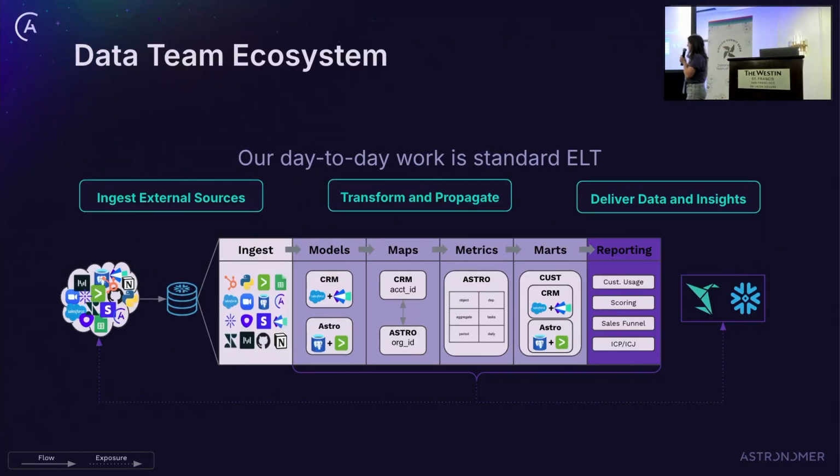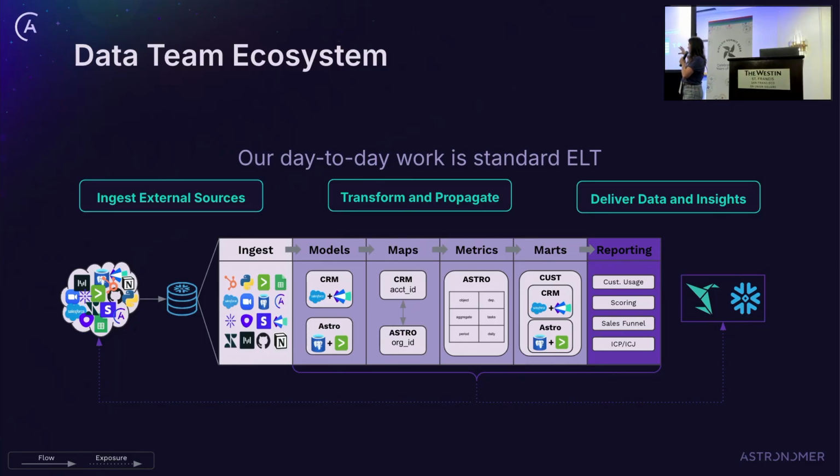Just in a few words, our data team ecosystem is quite traditional ELT work. We have a bunch of data sources, all the regular stuff, like Salesforce, HubSpot, GitHub, Notion, Google Sheets, a lot of different sources that we ingest into our Snowflake data warehouse.